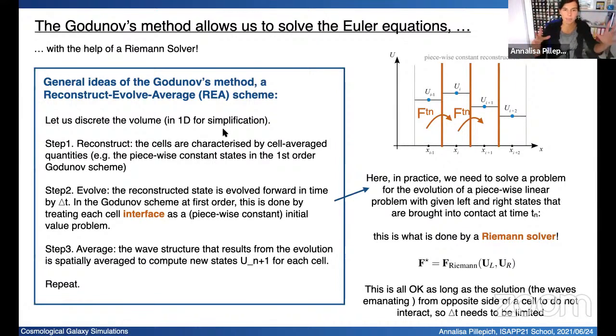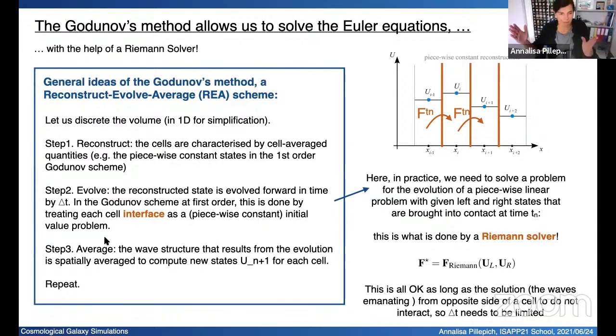You reconstruct the system by doing the discretization in cells, by taking cell average quantities, and then you evolve it. You evolve the state forward in time, which is treating, with certain simplifications, each cell interface, the orange interface here, as an initial value problem.